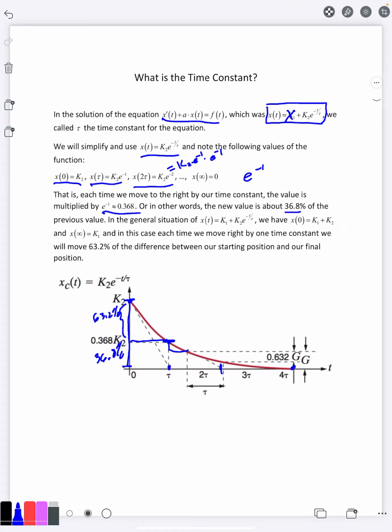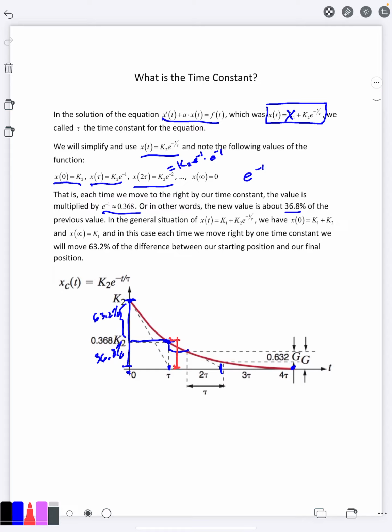Initially we had to go all the way from k2 to 0, and after that we only have to go down a smaller amount, but we're still going to go down 63% of that smaller amount. So each time we go tau to the right, we're going to go another 63%, another 63%, and so on.